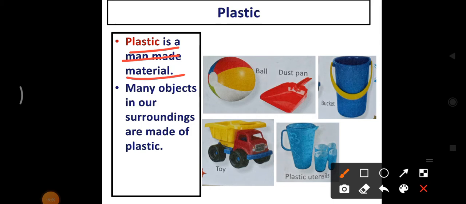So many objects in our surroundings are made up of plastic. The ball is made up of plastic, and the dustpan, bucket, plastic utensils and toys are made up of plastic. And plastic is a man-made material. This plastic is made by humans.